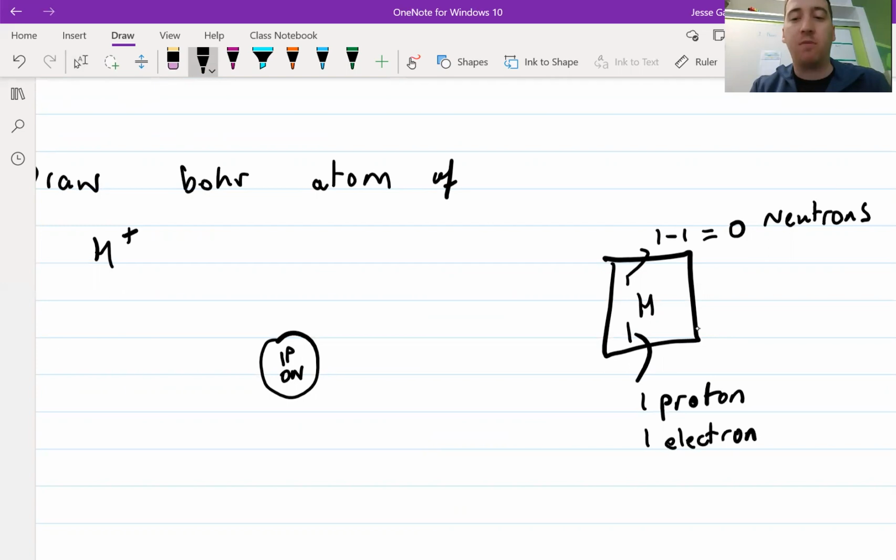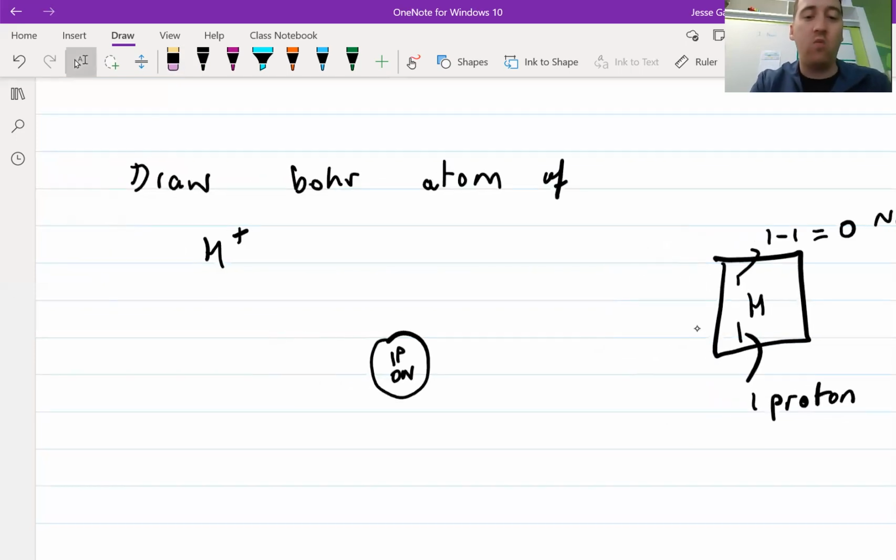But this is a H plus ion, which means it's now got 1 extra plus charge than it does a minus charge. So essentially, it has lost its 1 electron. So literally, all we've got in a H plus ion is a proton. There's no electrons. The 1 electron it did have has been lost. So H plus ion is just equal to 1 proton.